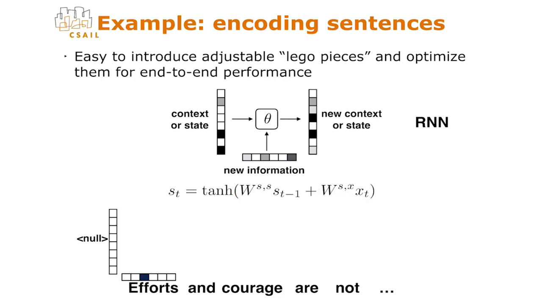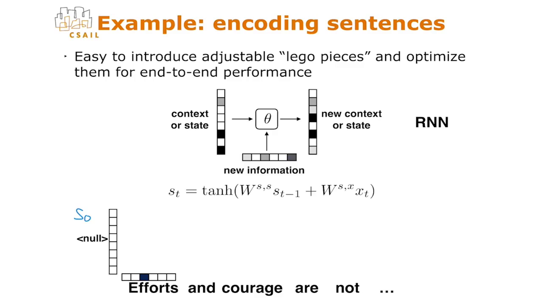So let's now apply our little transformation box to the sentence that we have, so as to see how this actually works, how we are going to turn a sentence into a vector. So we start with a null vector. So S0 here, the summary, having not seen anything, is just an all zero vector.